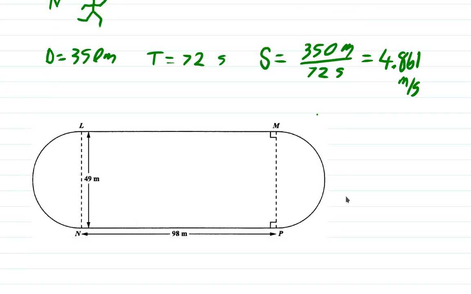So they start at this point. Tafari in red, R for Tafari, and Nathan in green, N for Nathan. So we have Tafari and we have Nathan.